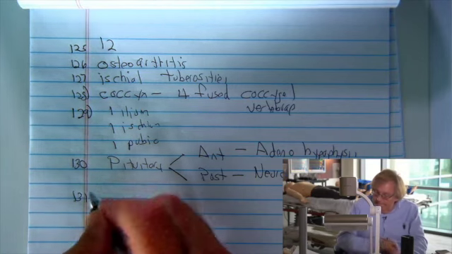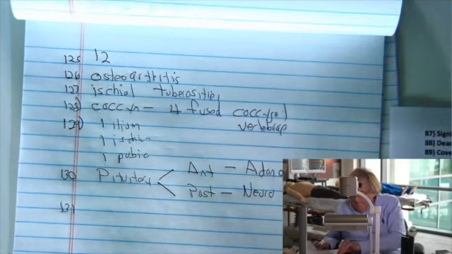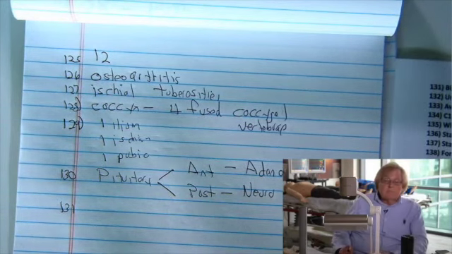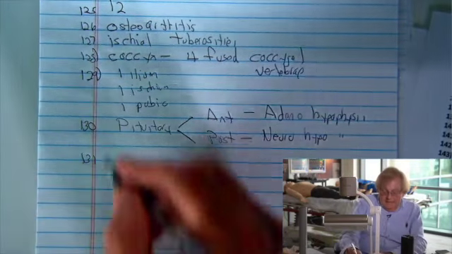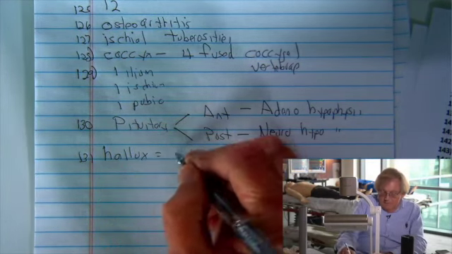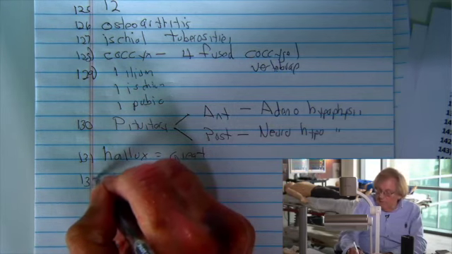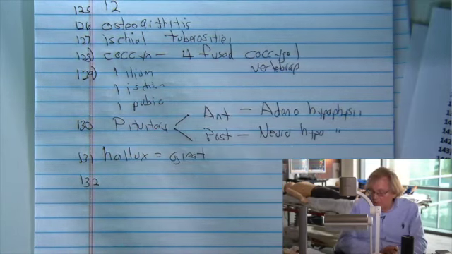131. Big toe. Well, the big toe is called the hallux. Another name is the great toe. 132. Uric acid and 131.